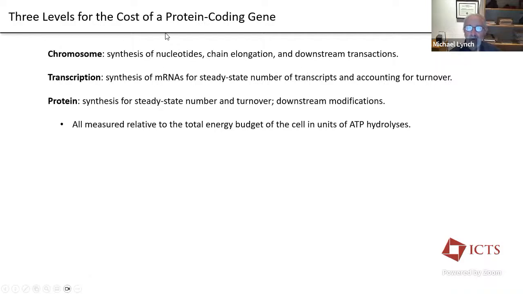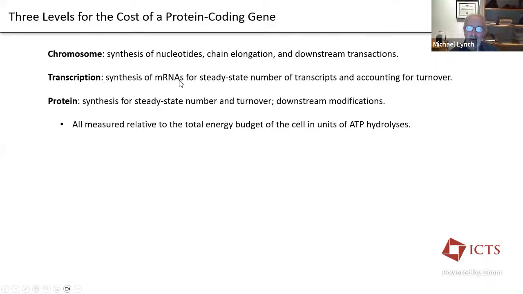So the cost of a protein coding gene, there's 3 levels of cost. There's a cost at the chromosome level. We have to synthesize the nucleotides. They have to be glued together in chains, double-stranded DNA. And then there's a few downstream transactions that are involved in modifying nucleotides and so on. There's a cost at the transcription level.